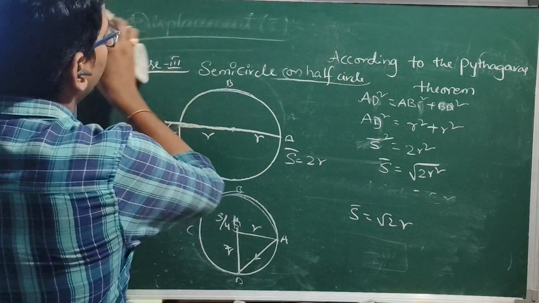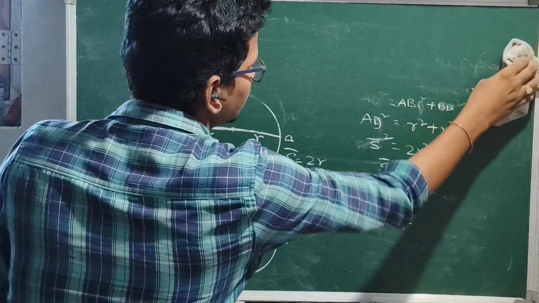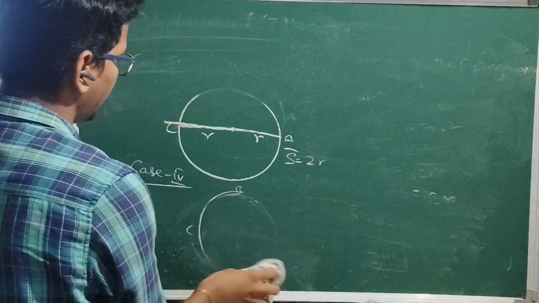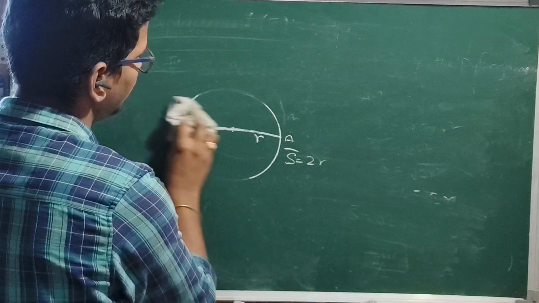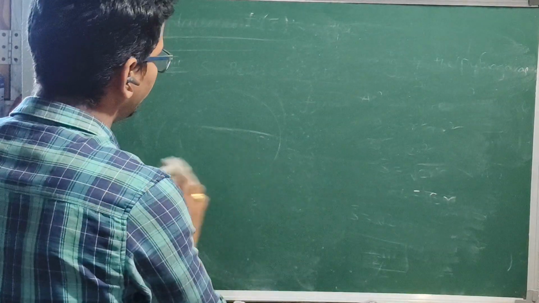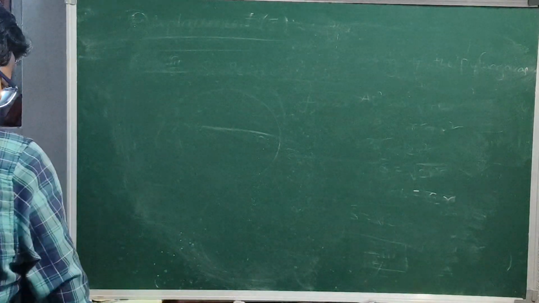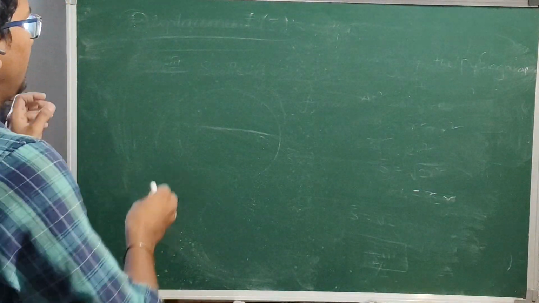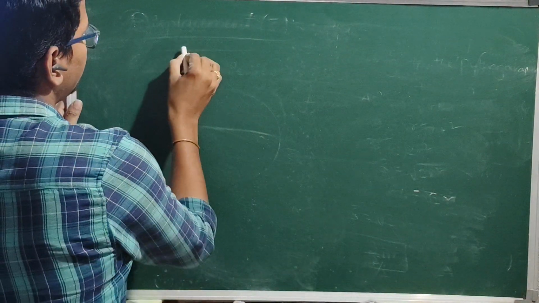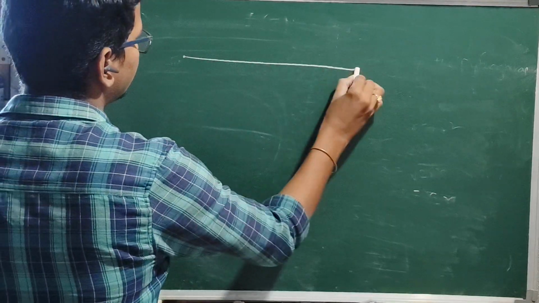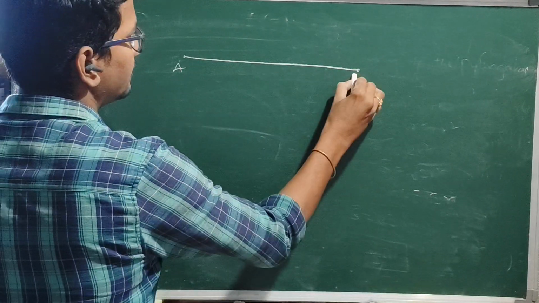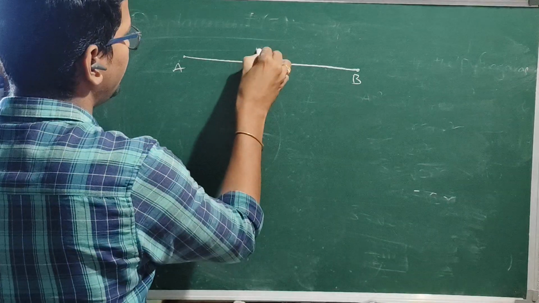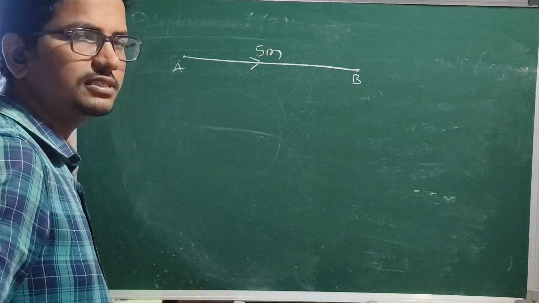Okay, next one: the relation between distance and displacement. Sometimes it is asked in IIT, JEE and NEET level examinations. When are the distance and displacement equal? For example, if you take a straight line A to B of 5 meters, what are the distance and displacement?